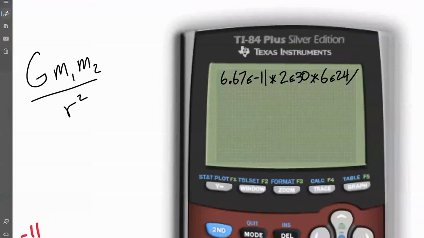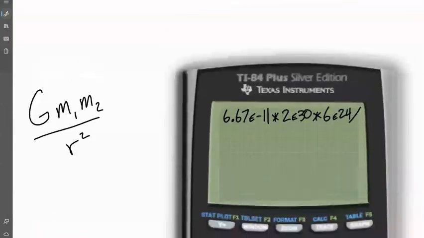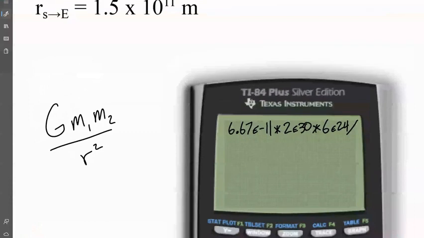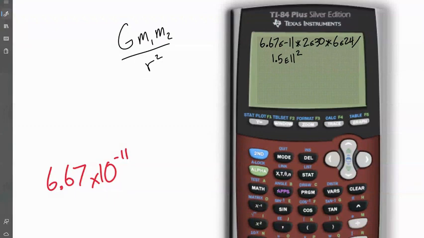What's nice is in scientific notation, when we use the E's, it automatically knows that that is one single number. So since our radius is 1.5 times 10 to the 11th, I can just do divided by 1.5 E11. And since radius gets squared, I can just hit the squared key, just the squared key over on the left side here.